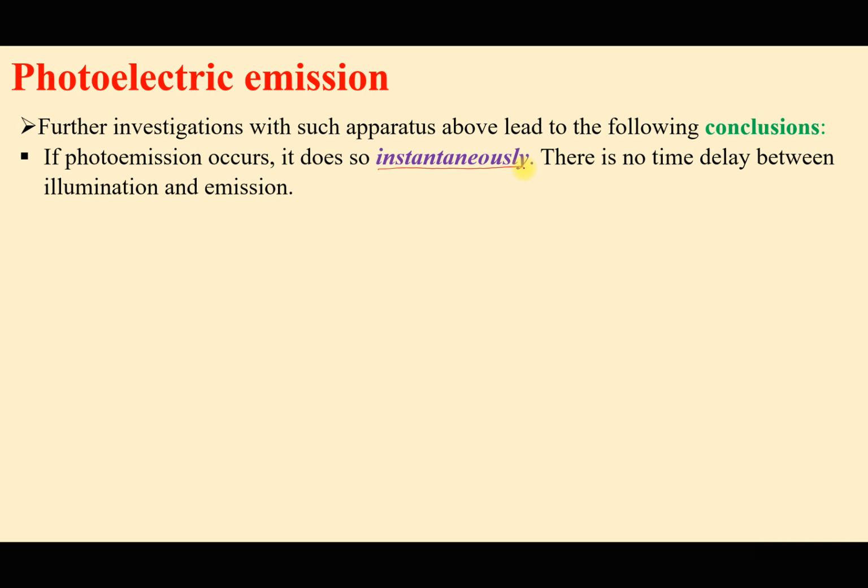What does that mean? If emission occurs, it occurs instantaneously. In other words, there is no time delay between shining ultraviolet light onto the zinc plate and emission of electrons from the zinc plate. So whenever photoelectric emission occurs, it does so instantaneously.